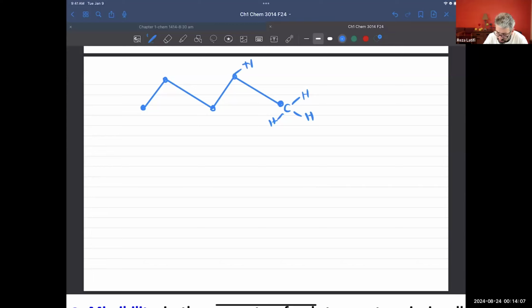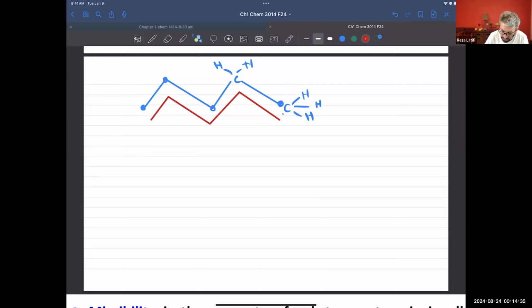We have 2 hydrogens, and technically they are attached to carbon. I can put the next molecule somewhere here. So I'm going to put the next one somewhere, say here.